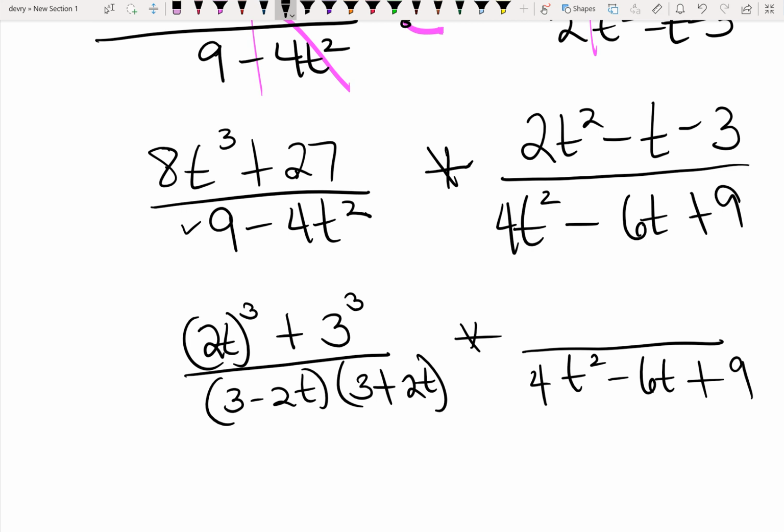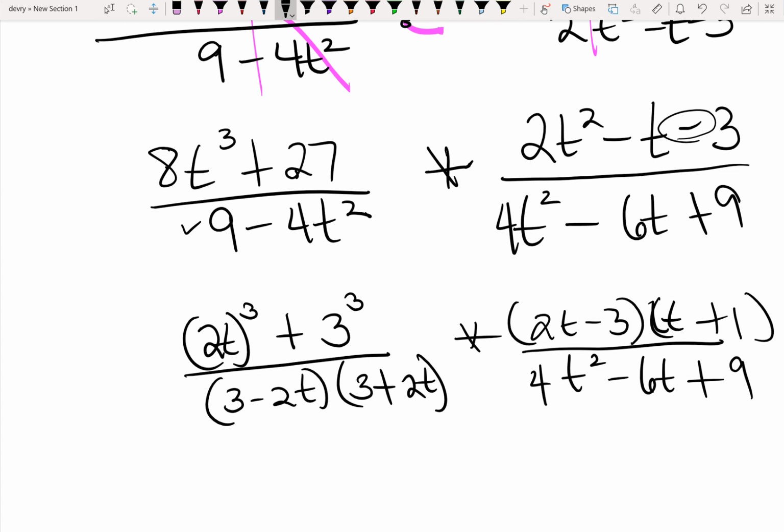And the 2t squared minus t minus 3, this could factor by trial and error. So I'll start with 2t and t. I have to think about that 3 and that 1 because obviously it's a plus minus situation. So I'm going to go with minus 3 initially and plus 1, and it does check out. So we're good there.